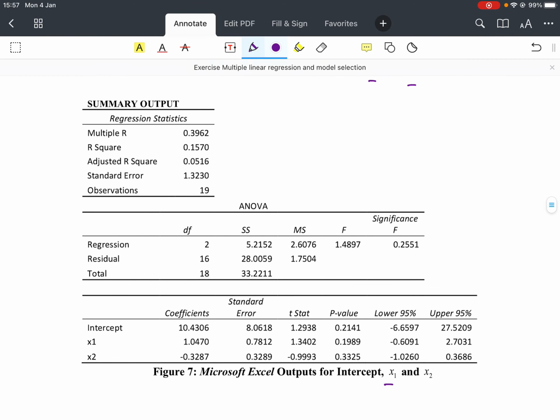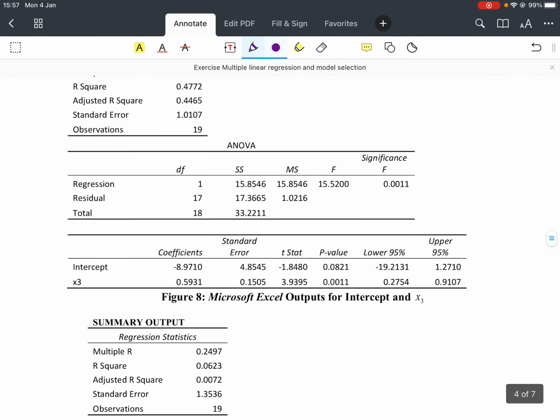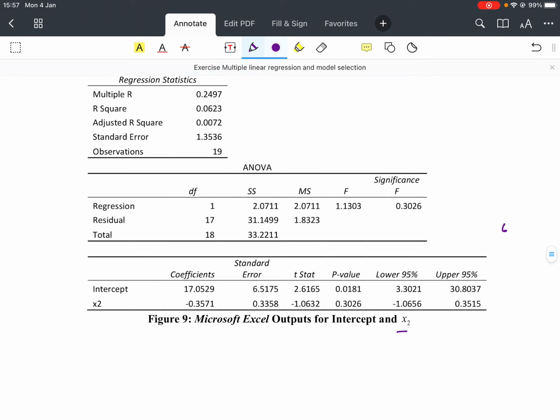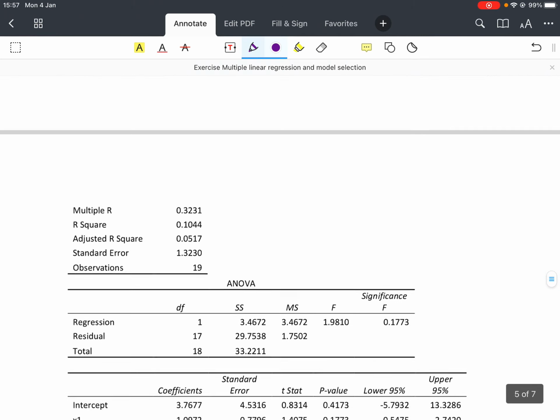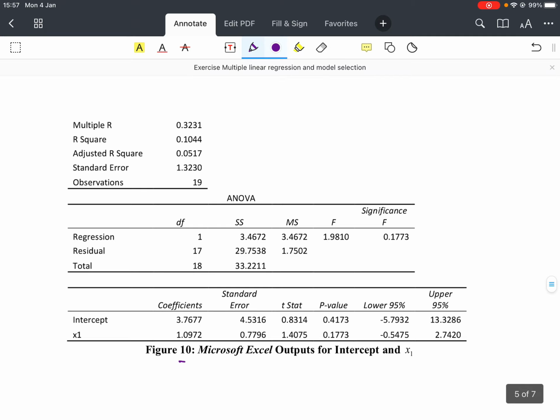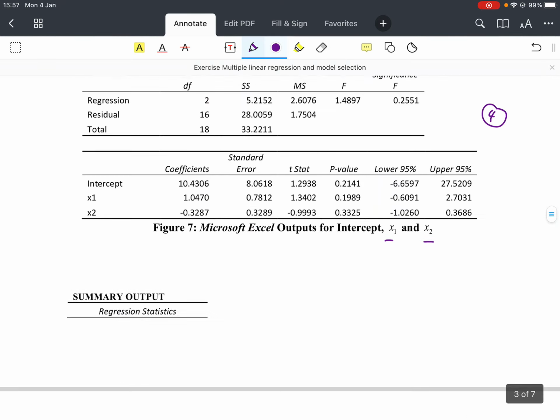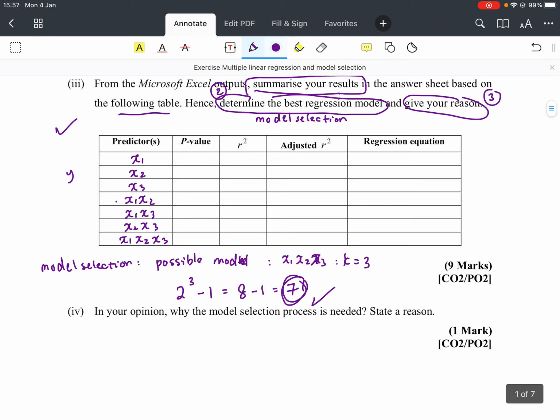Figure 7 for x1 and x2, fourth Excel output. Figure 8 for x3 only, fifth. Figure 9 for x2 only, sixth Excel output. And last one, figure 10 for x1 only, seventh output. So you have 7 Excel outputs here. From these 7 Excel outputs, summarize them into this table.